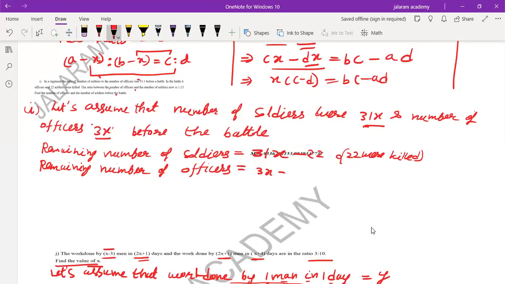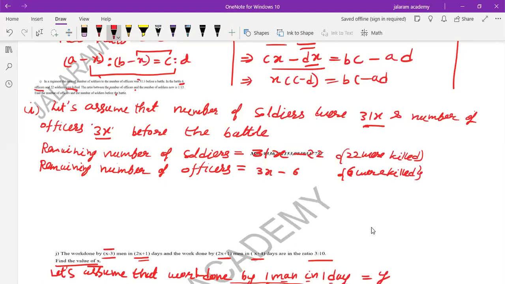It is clearly written that 6 officers were killed. So 3x minus 6. You can write the reason: 6 were killed.